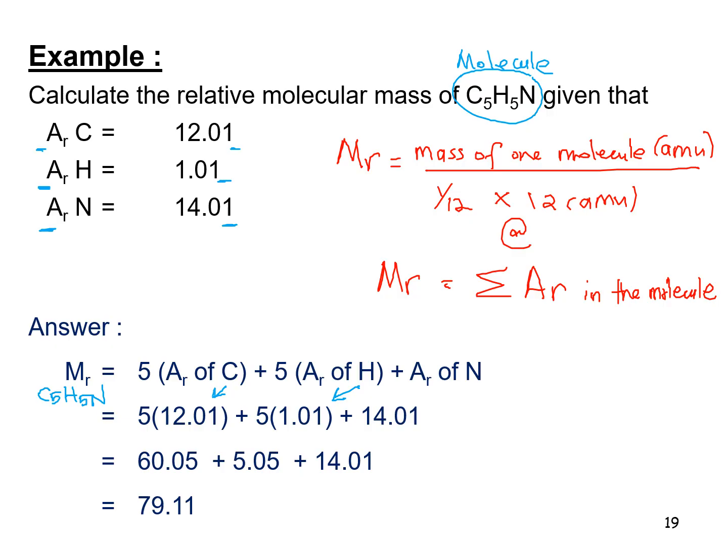And kita tahu kita ada satu sahaja nitrogen atom in the molecule, jadinya terus campurkan dengan 14.01. Okay, campur semua, so you dapatlah kat sini relative molecular mass untuk C5H5N adalah 79.11.